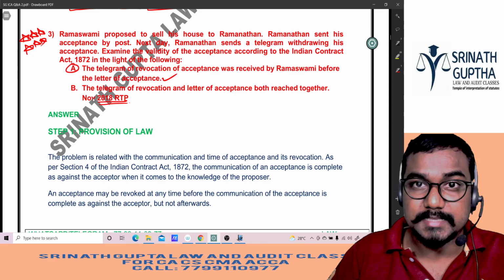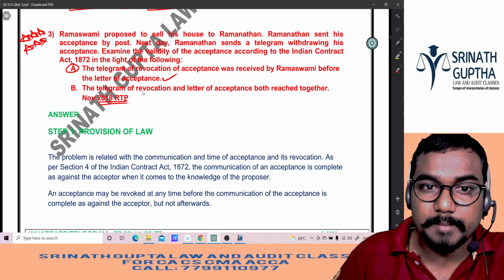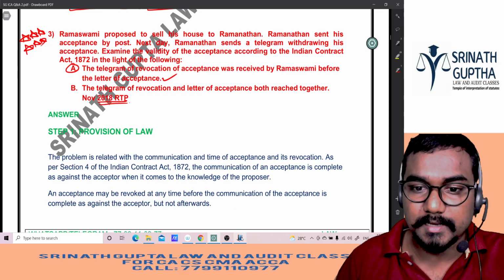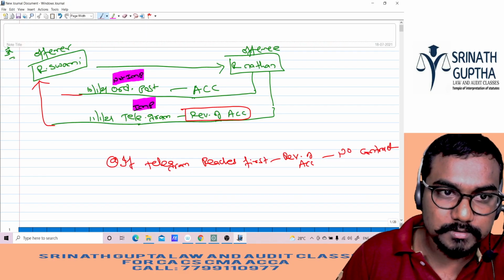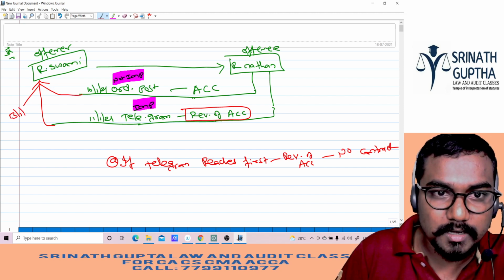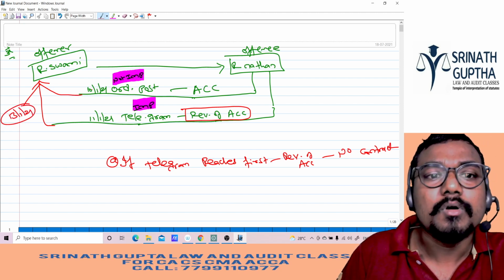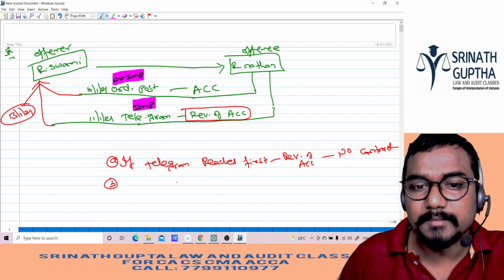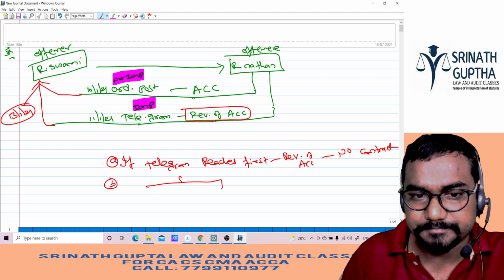Second case, telegram of revocation and letter of acceptance reach together. For example, beta, both are reaching him at the same time on 13/1/21, both the ordinary post and the telegram. Then it depends, beta.